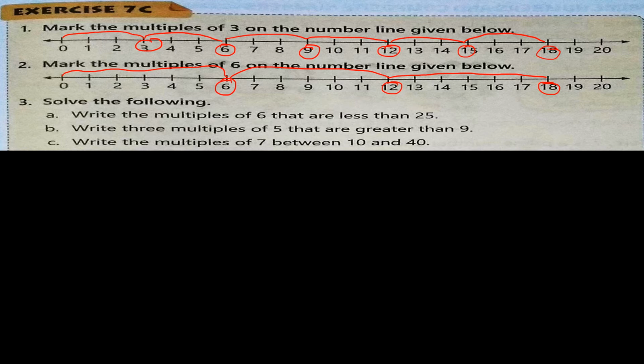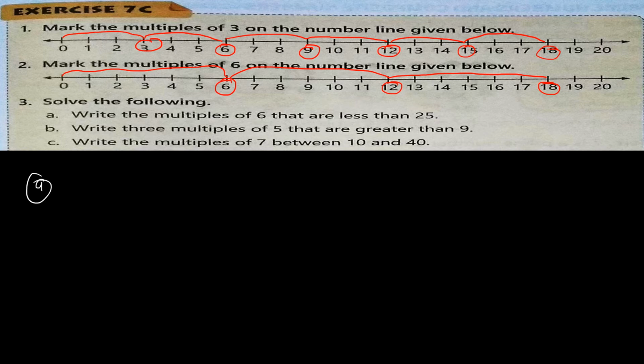Solve the following. Write the multiples of 6 that are less than 25. So here we need to write the table of 6 which is less than 25. So let's write it.